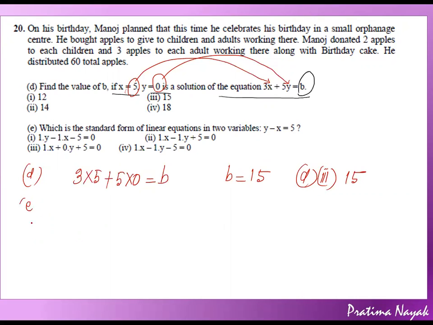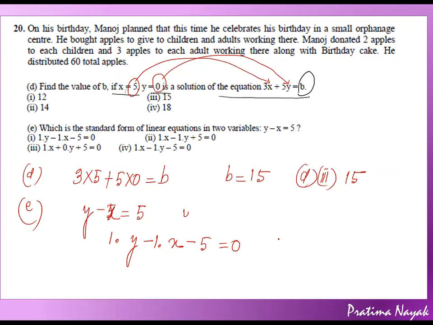Coming to part E, which is the standard form of a linear equation. y minus x is equal to 5. How to write this in standard form? So 1 into y minus 1 into x minus 5 is equal to 0. And we sometimes write x as positive.